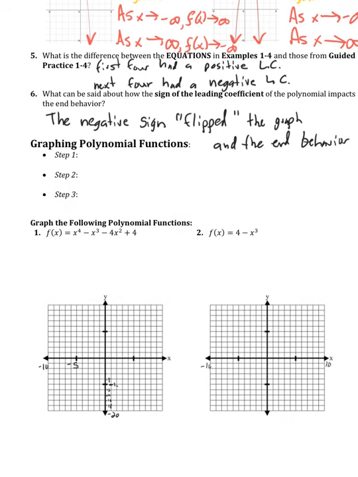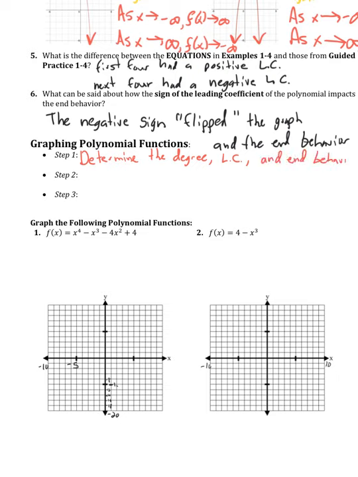Whenever we want to graph these things, we're going to do 3 steps. Step 1, we're going to determine the degree, the leading coefficient, and end behavior.